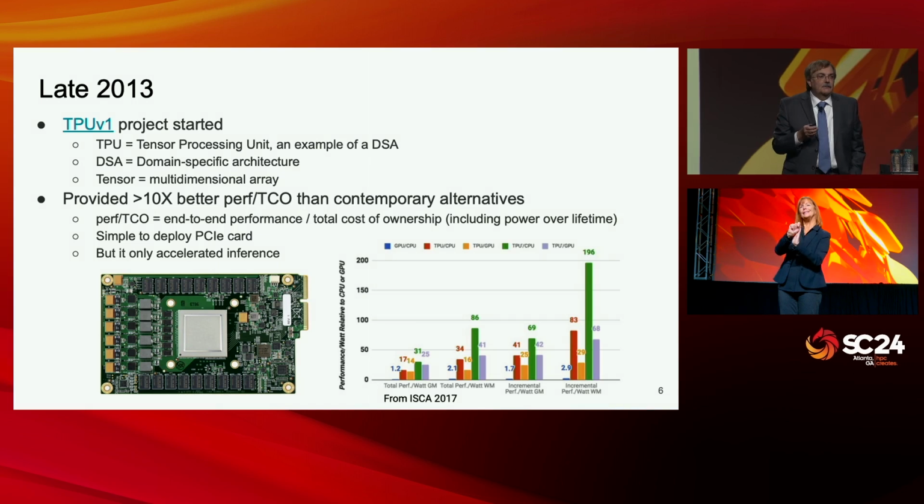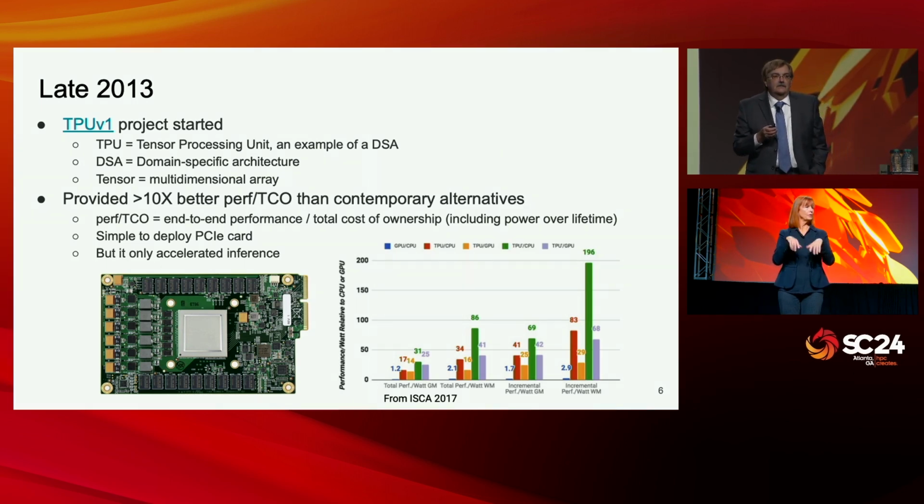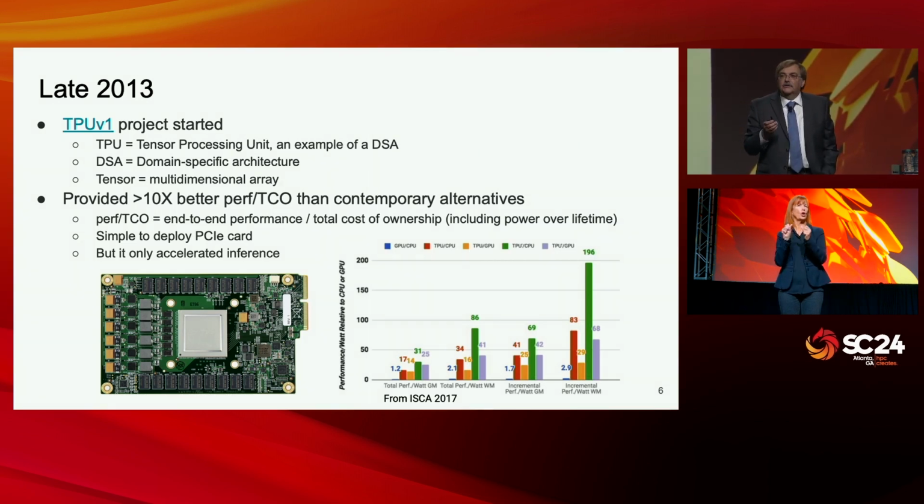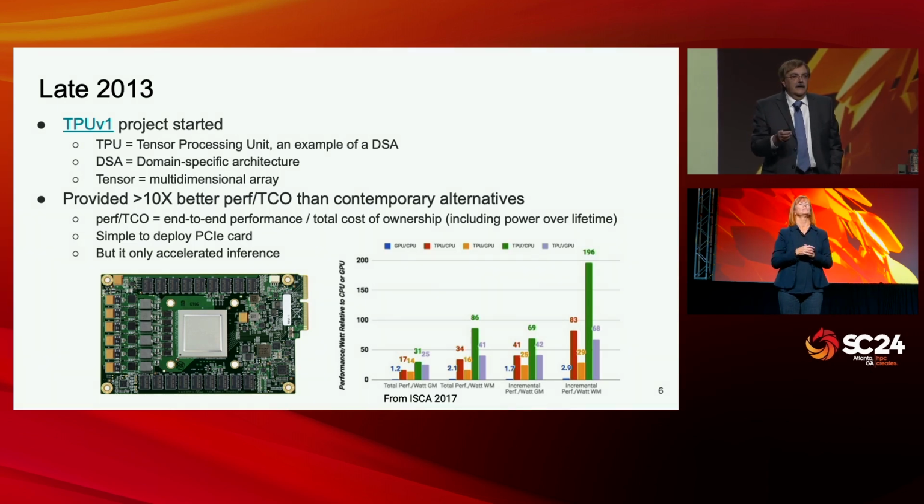It's an example of a domain-specific architecture, and John Hennessy and David Patterson have written about domain-specific architectures. These are architectures specialized for a specific domain of applications, not one particular application, but basically the entire space of a particular kind of application, in this case, machine learning. And I think we all know what tensors are.